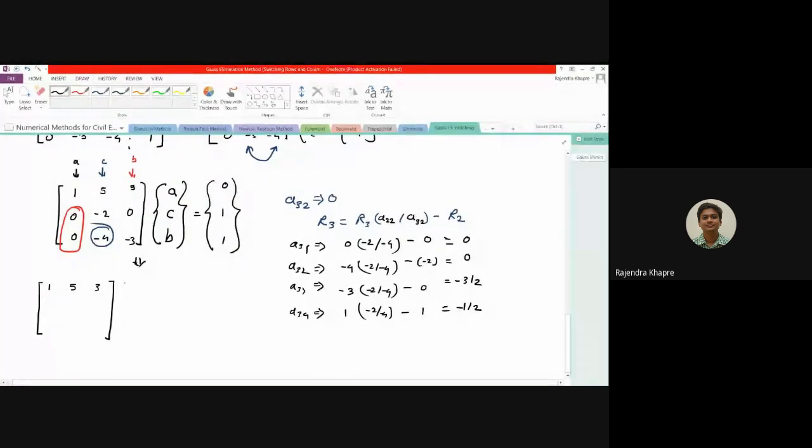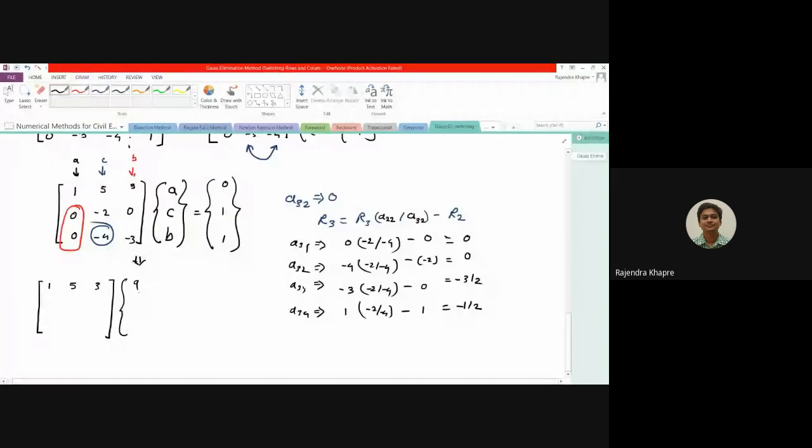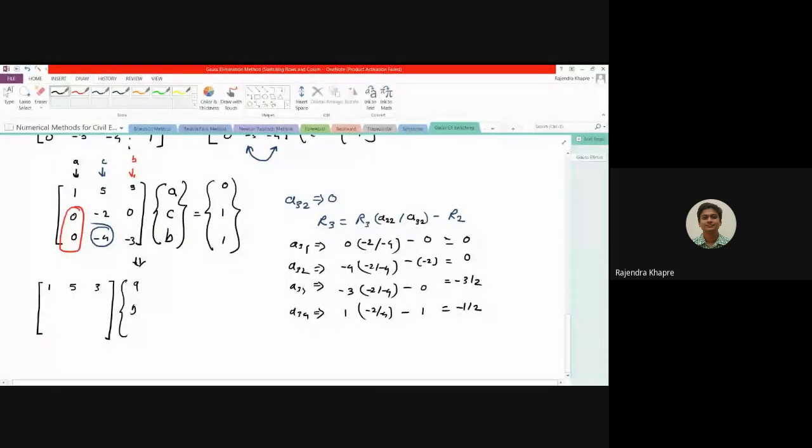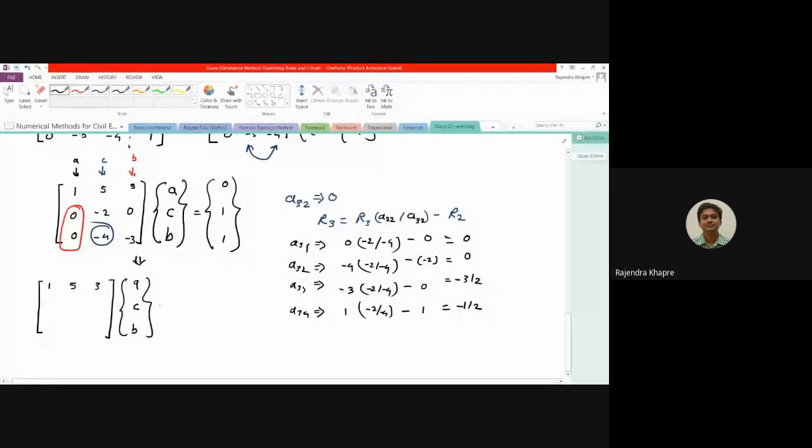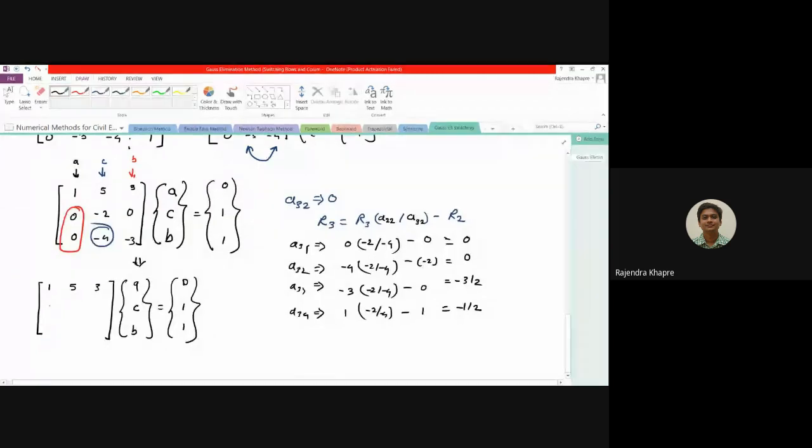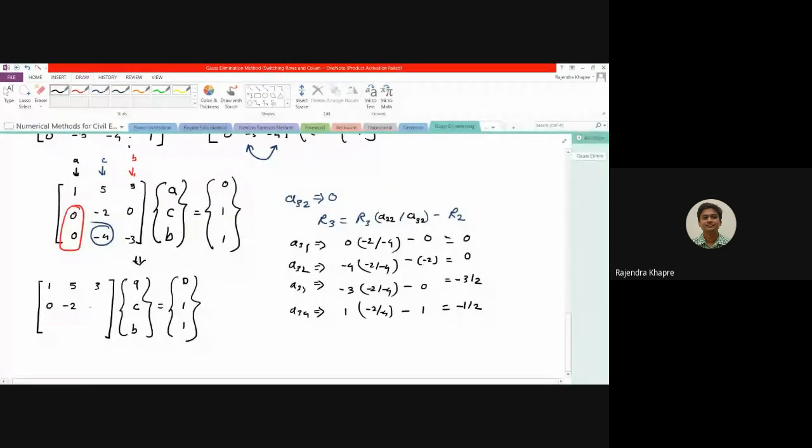Okay, so sorry, this is not b, now this is c, this is b. Equals, now you will have 1, sorry, this is 0, 1, and 1. The second row is going to remain the same, so this is 0, minus 2, and 0.